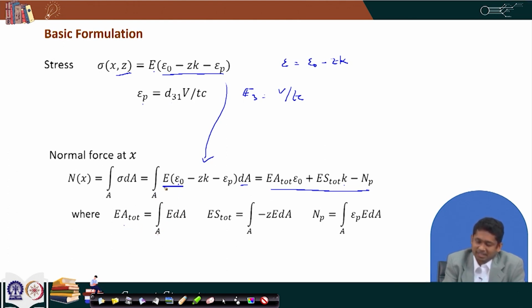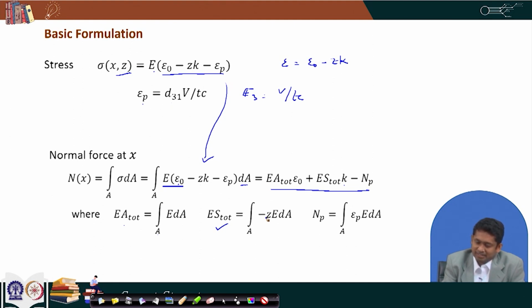Similarly, here we have E multiplied by minus z kappa integrated over d A. Here also kappa can come out of the integral. So, we have minus z E integrated over area, and that gives us E S total.